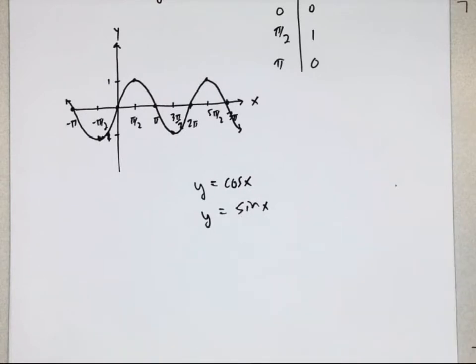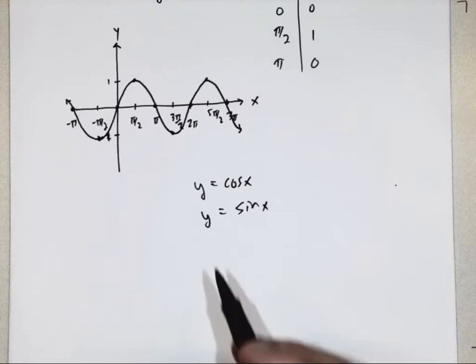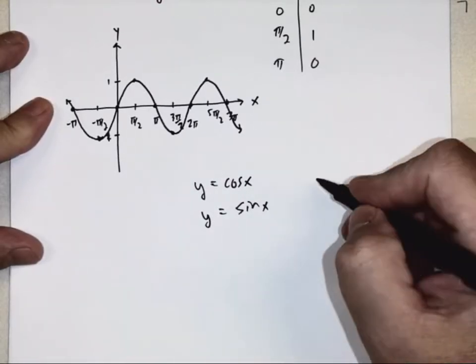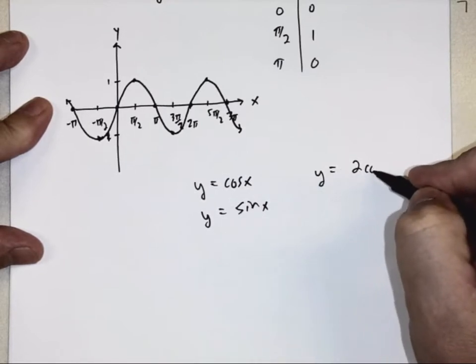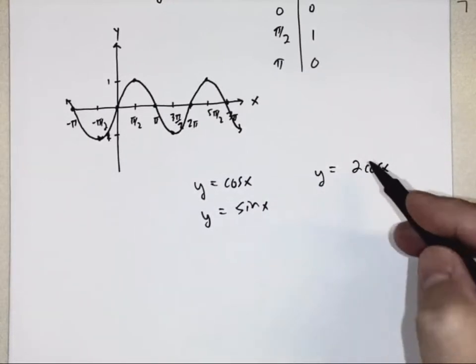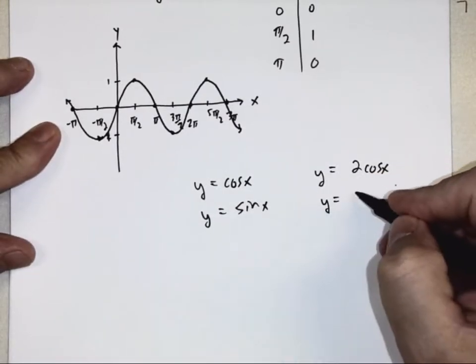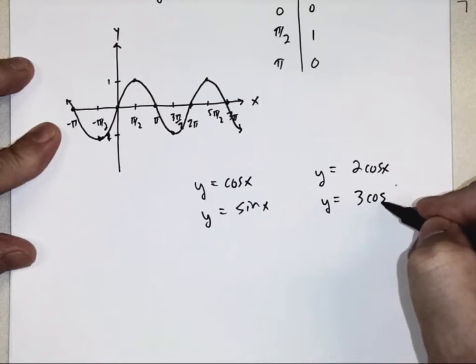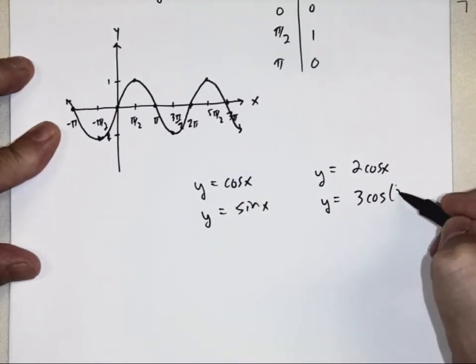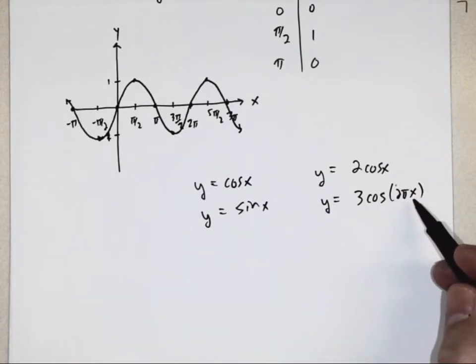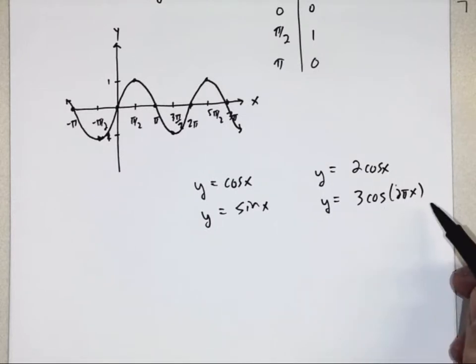Well, these are the very, very base, and most of the time this is not what you end up having in problems. Instead, you'll have things like, sometimes you have a coefficient in front of your trig function. Sometimes you have a number in front of the variable x inside the cosine.